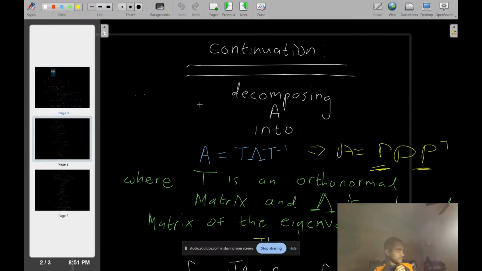For those of you who have taken first year linear algebra, you need to know the relationship that if I'm diagonalizing matrix A, then A equals P D P inverse. You have to relate it to that expression.